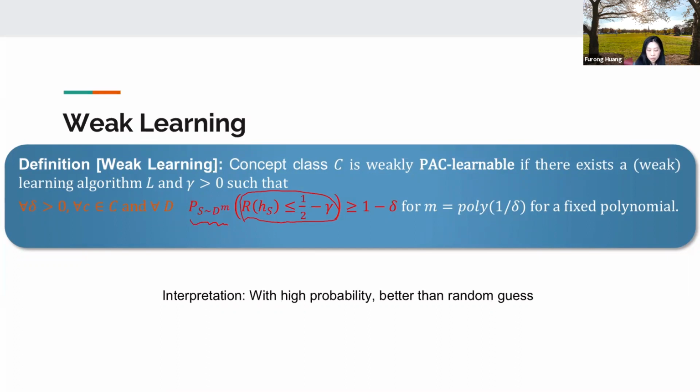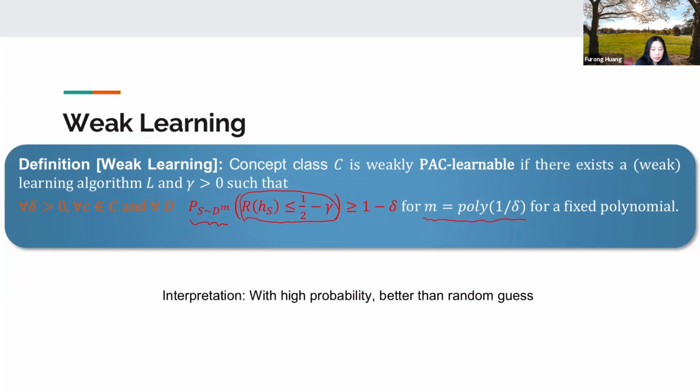As long as this probability is greater than or equal to 1 minus delta, and you also require the sample size m to be polynomial in 1/delta for a fixed polynomial, then if you satisfy this, it is weakly PAC learnable.